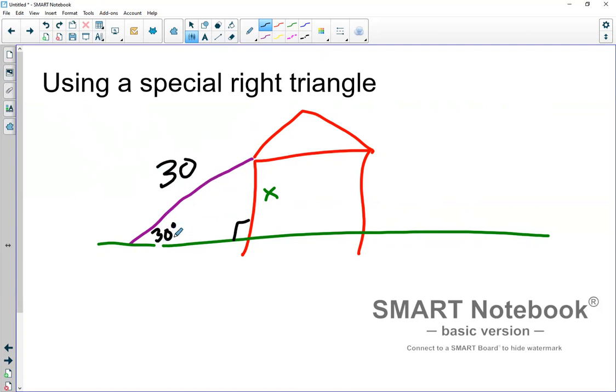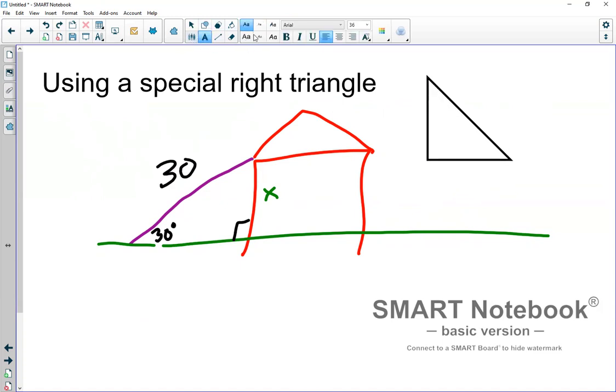Because you don't have a calculator, the angle is going to be a very specific angle, whether it's 30 degrees or 45 degrees. With that in mind, you know your special right triangles. Hopefully you do know them. I think earlier I asked, do you need to know your special right triangles? Yes, you need to know them in a context, and you also need them for the unit circle. Since you have to know it for this, I always suggest just knowing it for the unit circle.